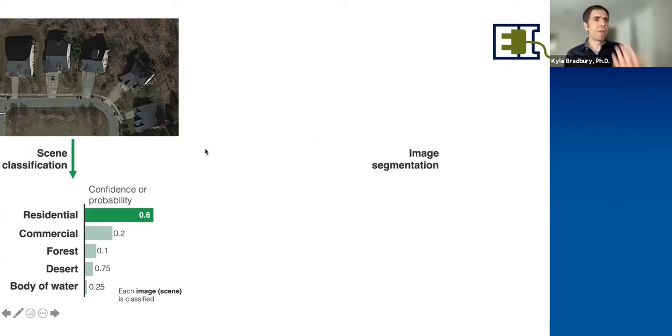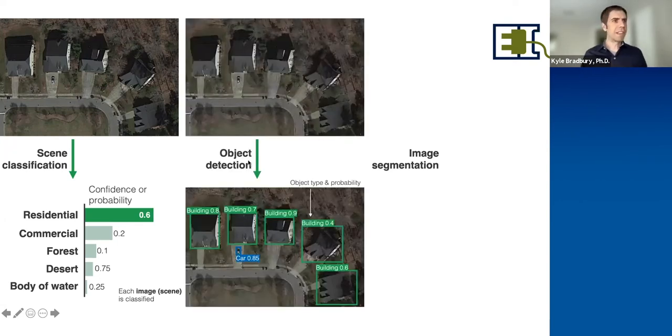This is what you most commonly see when you encounter computer vision problems, but it's not the only way this is done. Another is object detection. You can take an image and maybe you want to find each of the individual buildings and cars in an image, all the different pieces, and this yields a slightly different methodology for achieving this goal.